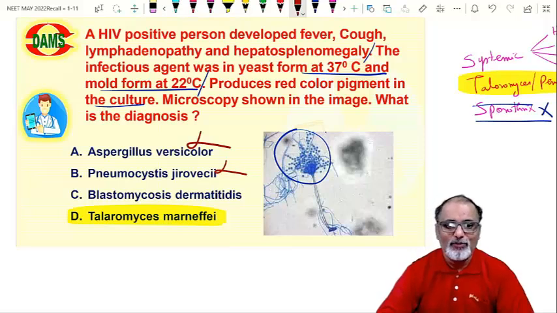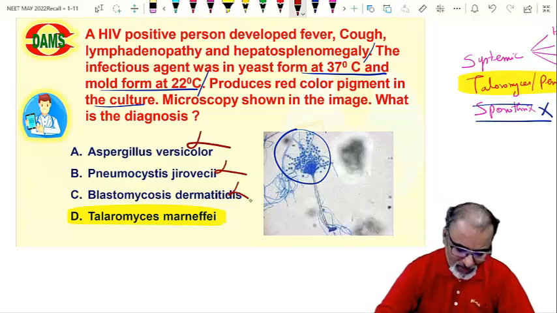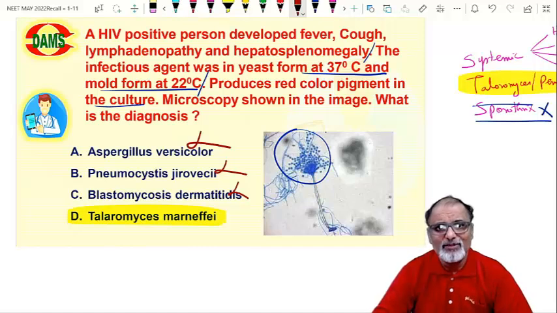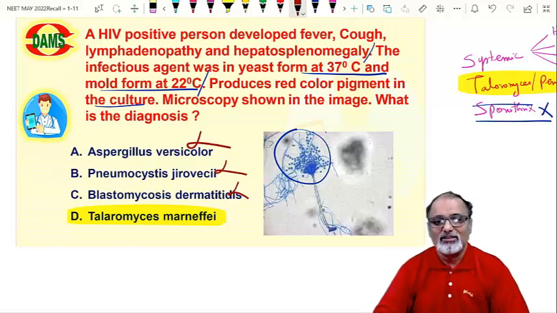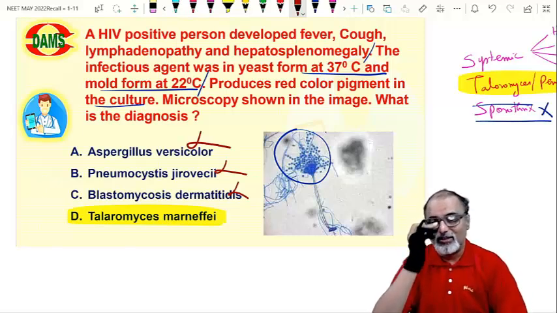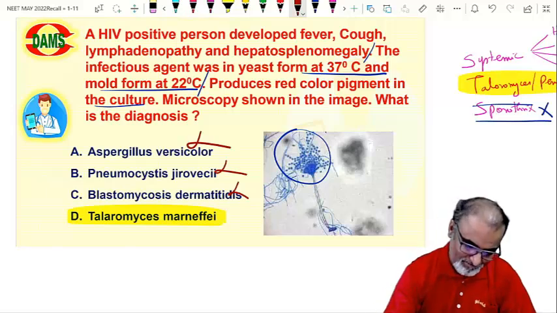And Blastomyces won't produce any pigment, and it is usually figure of 8 appearance. Lot of dermatological involvement is there. So based on that, you can easily find either by rule out method, or if you know directly, you can come to conclusion. It is Talaromyces or Penicillium marneffei.